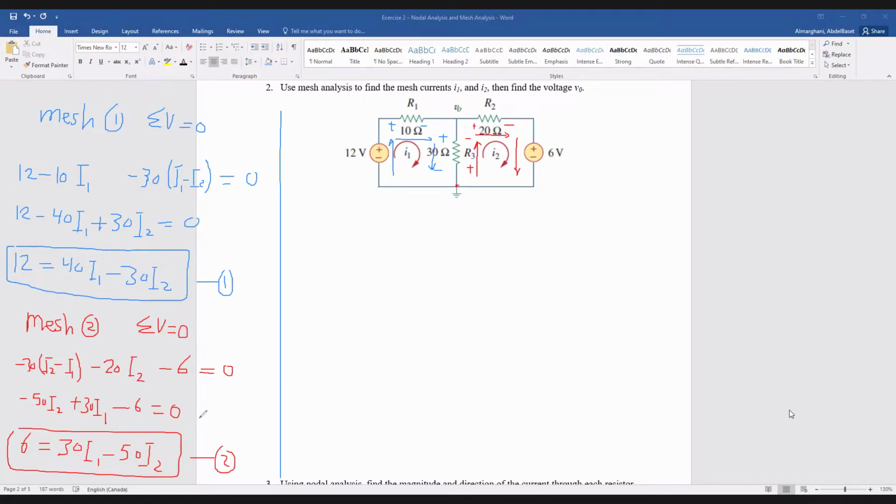Now to solve these two equations, you can do elimination or substitution. You can use matrices if you want, but it's up to you. You can use your calculator. Calculators now solve equations easily.